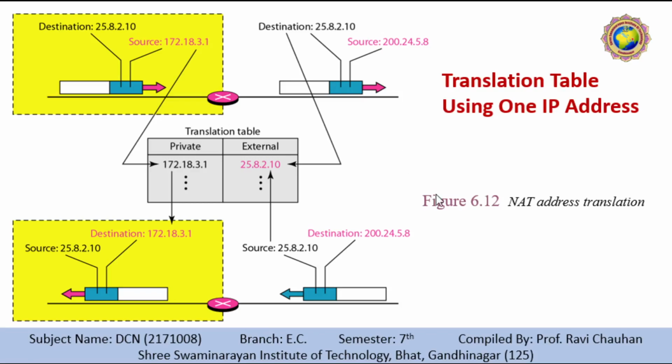When the response comes from the destination, the router uses the source address of the packet, which is our external address, to find the private address. This figure shows the idea of this. Note that the addresses that are changed or translated are shown in color. Fine. So it is translated. So the color shown is the translation.